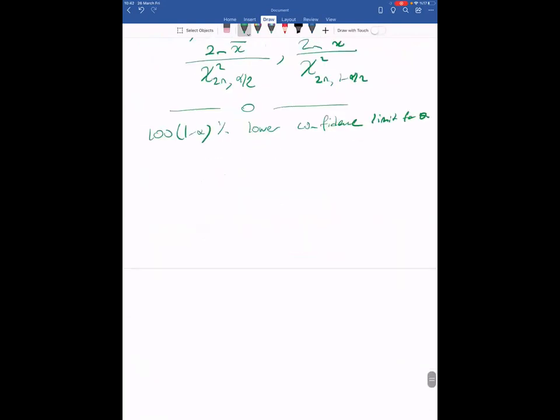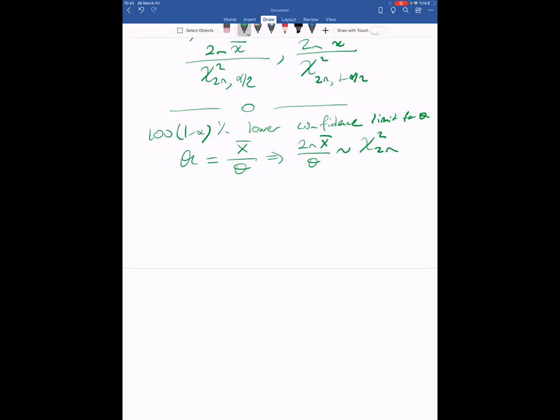But let's say we didn't calculate anything, but we started with the pivotal quantity. We know that 2n x bar over theta is distributed as chi-square 2n. So we have this information right now, and we want to generate a lower bound for theta with 1 minus alpha confidence level.